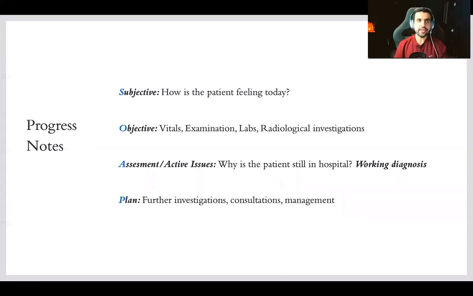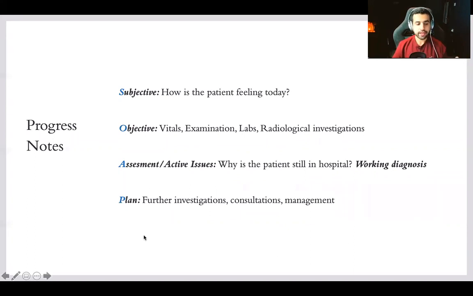So it's basically why is this patient still in hospital? It gives me a picture of what is delaying the discharge of this patient, and I'll go into an example, I think, after this slide.